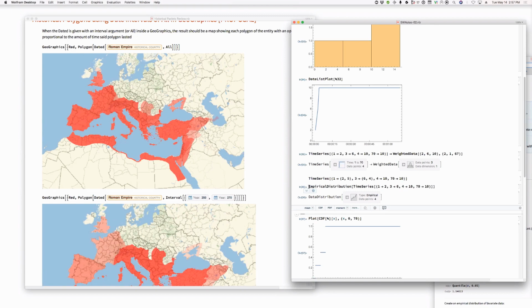What should it be giving me? One thing it could give me is the distribution of lengths of time that a point on the Earth was in the Roman Empire. Right?